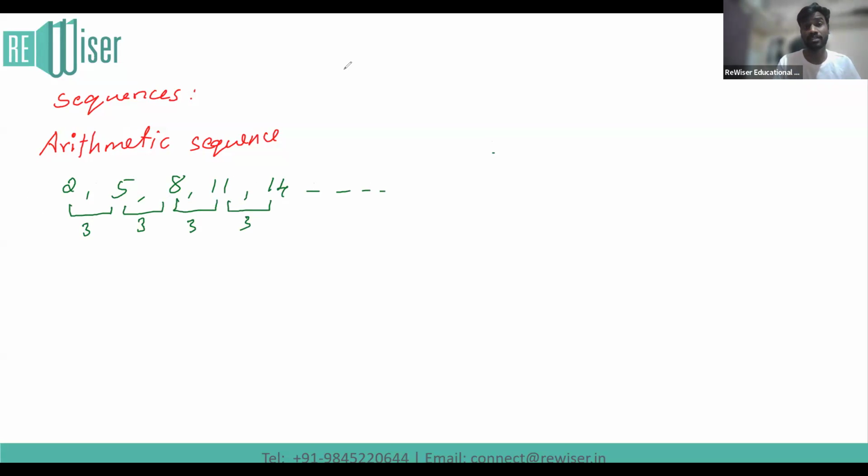So the common difference is the same, and that's why it's an arithmetic sequence. So the nth term of any arithmetic sequence would look something like: an is equal to a1 plus (n minus 1) times d, where d is the common difference.